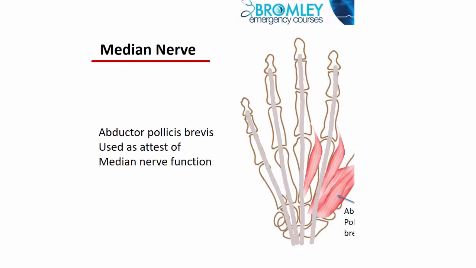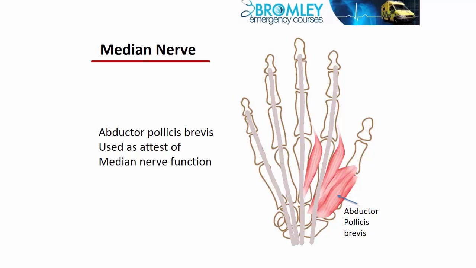So I've gone over the innervation of the median nerve, the thenar eminence, and the lateral two lumbricals, and the ulnar nerve being responsible for everything else. And we use the median nerve and ulnar nerve innervation in the hands as ways of testing those two particular nerves.